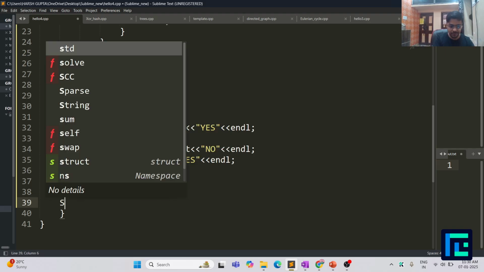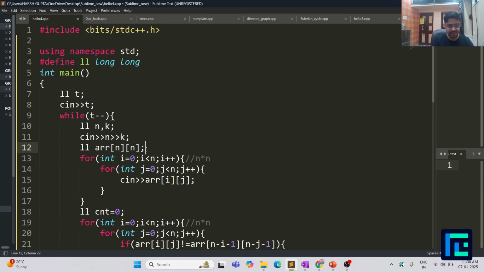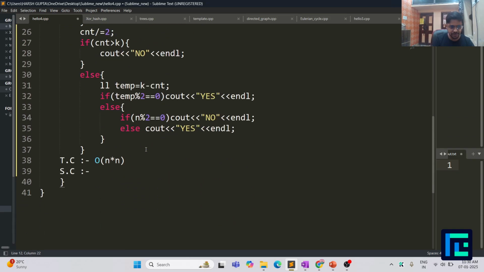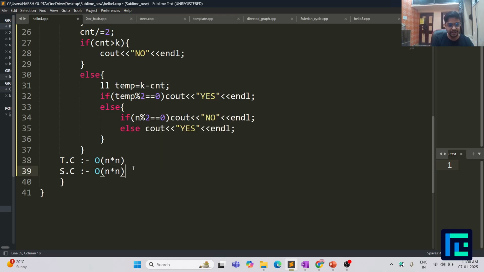And for space complexity, I have constructed an array of size n cross n, and that is the only extra space that I'm using. Hence, the space complexity is also O(n squared), which will definitely give you AC.